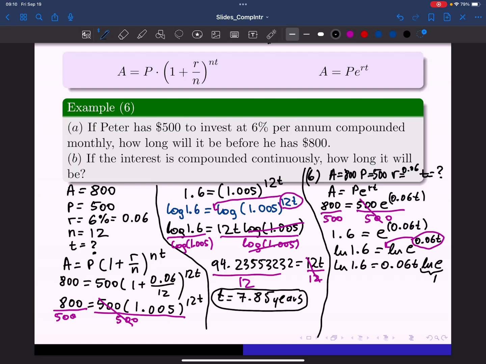Or you can just divide all the stuff by ln e. So then the last step would be to divide by 0.06, divide by 0.06, this cancels out. So if I type this correctly, I have that t is equal to 7.83 years.